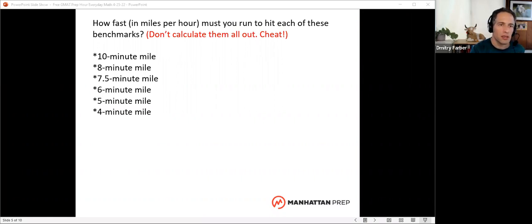Okay, so let's try to grab some of this stuff. So 10-minute mile. How fast do I have to go to run a 10-minute mile in miles per hour? And how do I figure that out? A few ways I could do it. Curious what people tried.